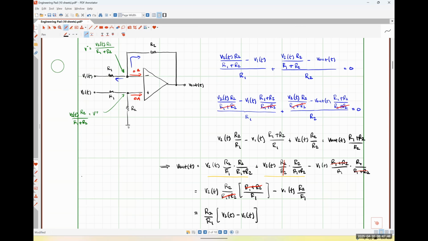So we did a whole lot of math here to come out with this relationship because I wanted to stick to this 5-step process for setting things up. We could have gotten that same result way faster just using superposition. If the input signal V1 is on while the input signal V2 is off, we have an inverting amplifier.